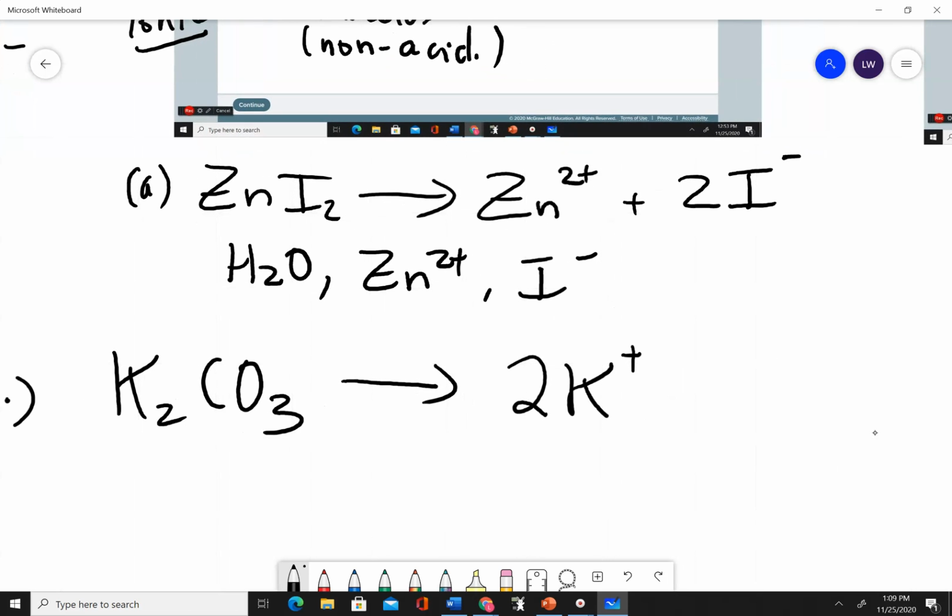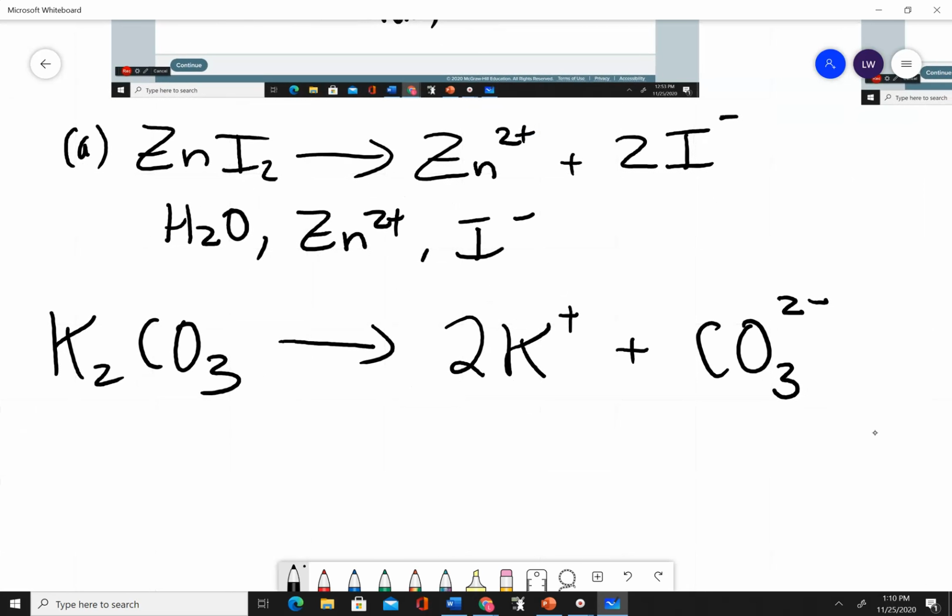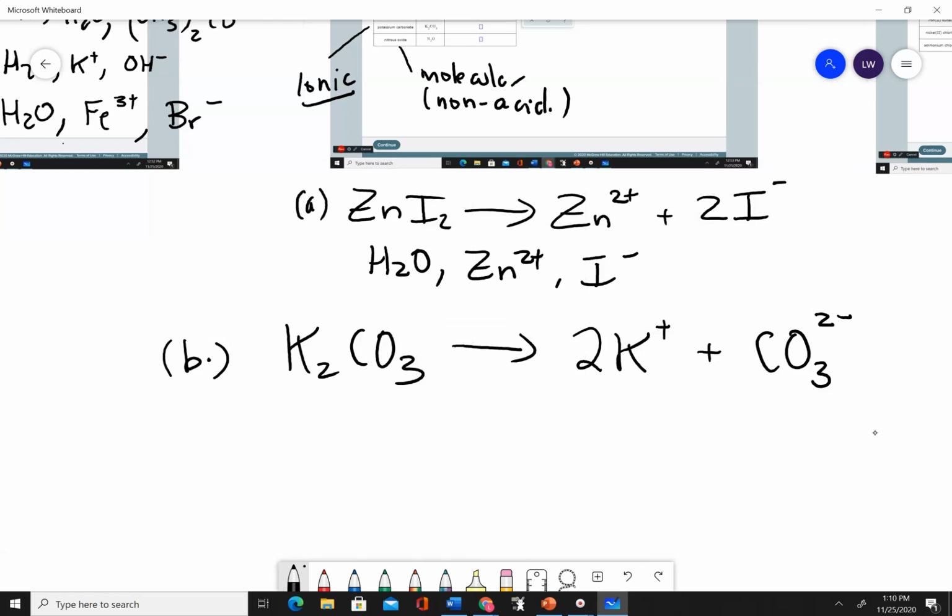Now potassium's in group 1A, we have two of them, and elements from 1A form +1 ions. And then the carbonate anion has a 2- charge. We can look that up in a table of polyatomic ions, or we can recognize that because we've got a total charge of +2, we need a total charge of -2. Again, don't separate out the atoms that make up that polyatomic ion.